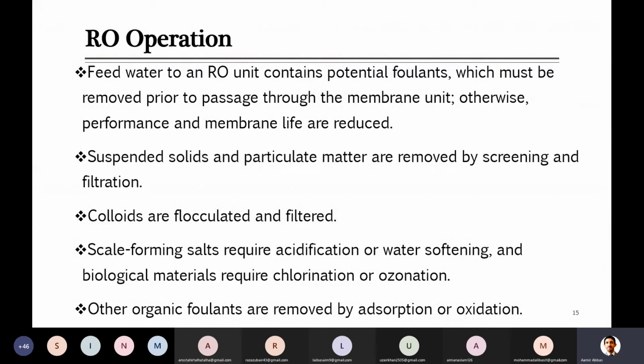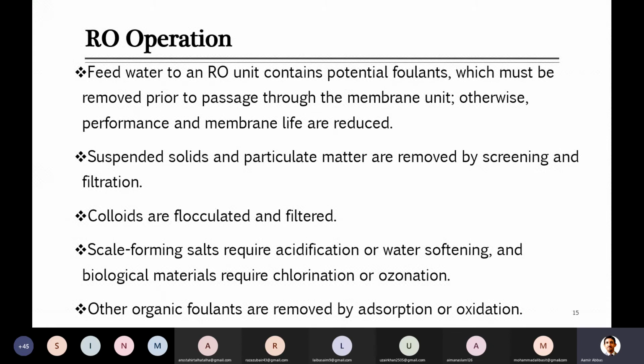reacting with this material. Suspended solids and particulate matter can easily be removed, for example, by screening or filtration. You can apply a simple filter, such as a sand bed filter, or some simple screen mesh, so suspended solids are easily removed initially.